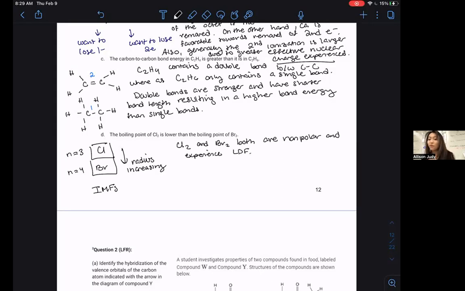You would probably write that fully out, but just because I don't have much space, I'm just going to write LDF for London dispersion forces. So as a result, we know that the IMFs aren't the reason.